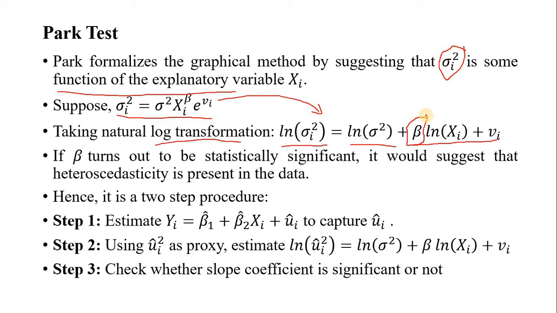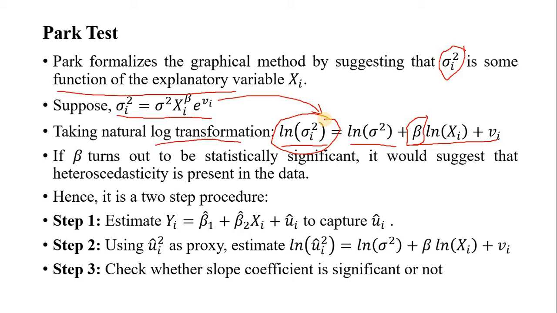So we have to estimate a regression model in such a way that you take ln sigma i square as your dependent variable and ln xi as your independent variable. But here there is a problem: ln sigma i square is not directly observable, because we have a sample only.